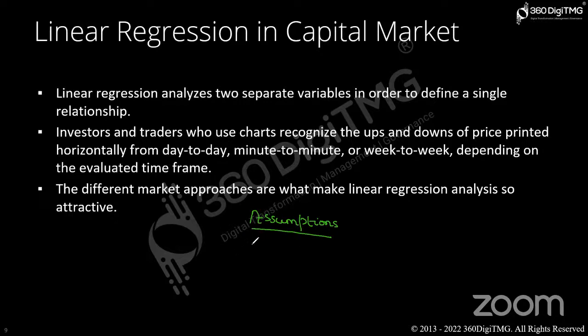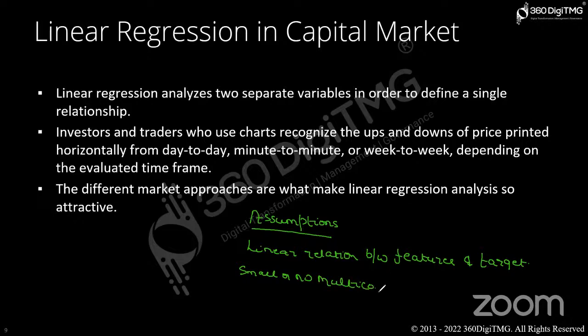So first is a linear relation between features and target. Another thing is small or no multicollinearity between features.